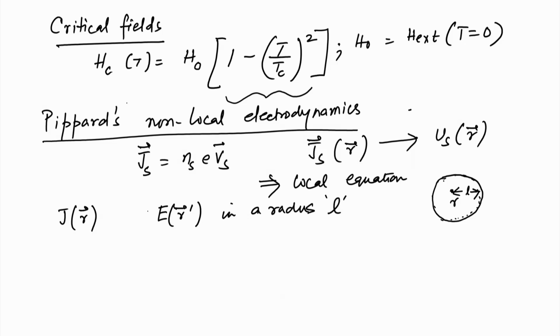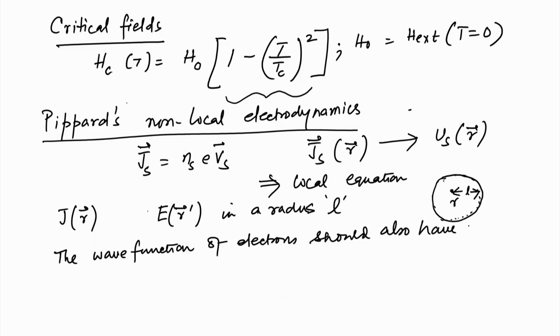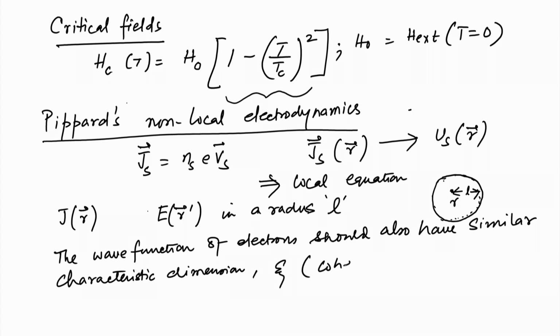The wave function of electrons should also have a similar characteristic dimension, that is extent, which we call psi, which is called the coherence length.